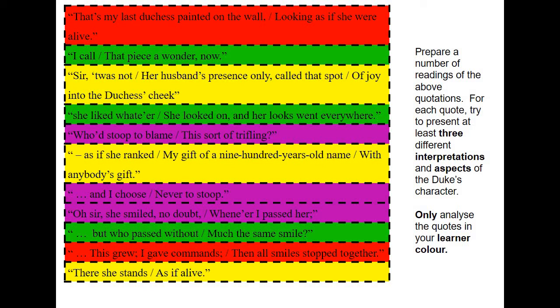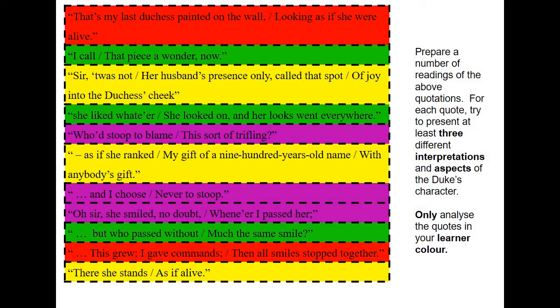And as I've said already, you're only doing this for the quotes in your learner colour. So there's no way you're going to be able to get that done in the time I've been talking. So press pause, write down the quote from your learner colour, the first one you're going to do, okay?